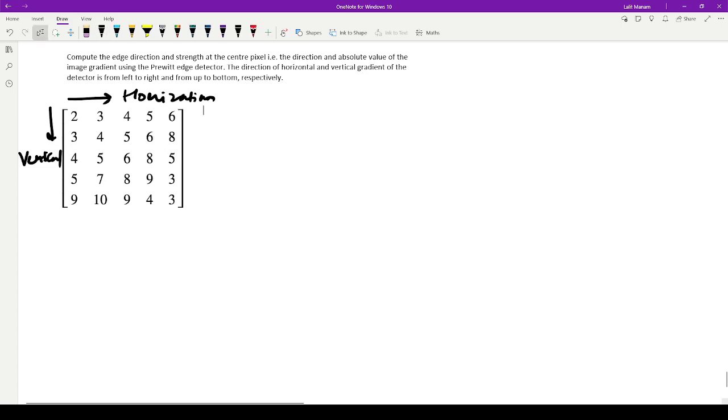Okay, so can anyone tell what to do? I think we have to take a 5 by 5 Prewitt mask. A 5 by 5 Prewitt mask? No, sir, I think we should start with a 3 cross 3 Prewitt and put that at the center point.